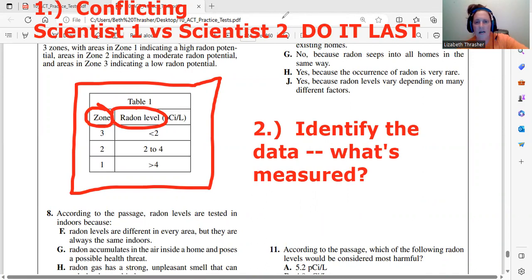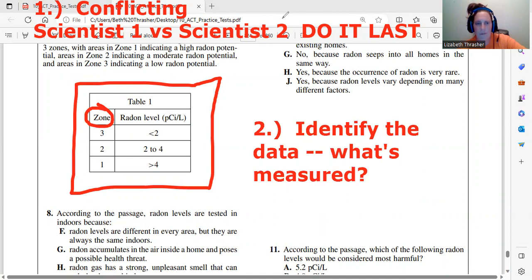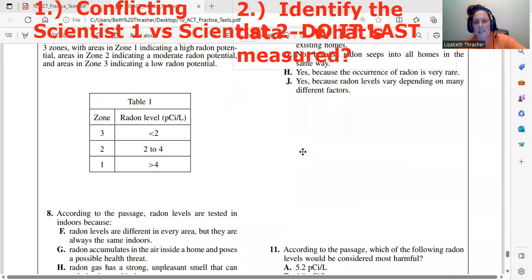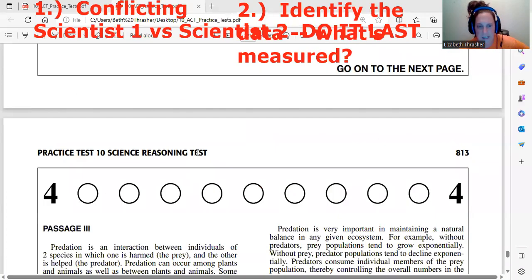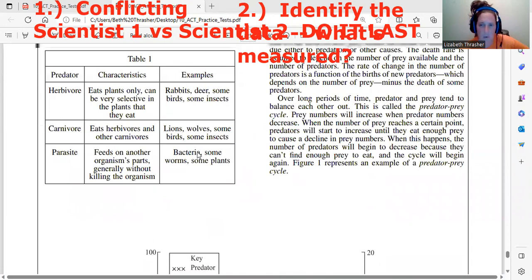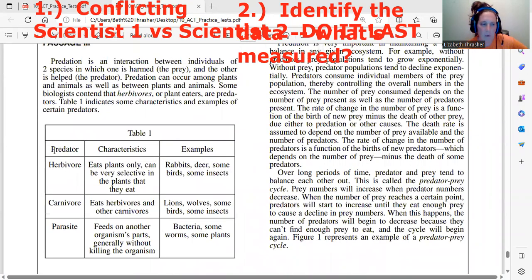Before we go on to number 3, let's keep number 2 on there. Let's go to a slightly more detailed passage with more data. Here's a table 1 and a figure 1. In table 1, they're listing the predators, with characteristics and examples.